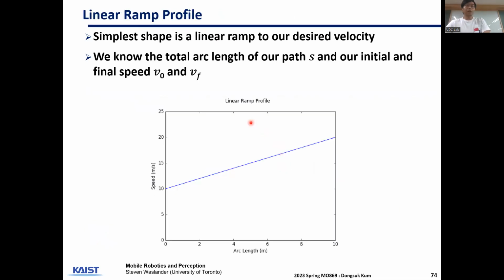So velocities are generally generated using profiles. The simplest profile is the linear ramp profile, where we will have the initial velocity and our desired velocity.